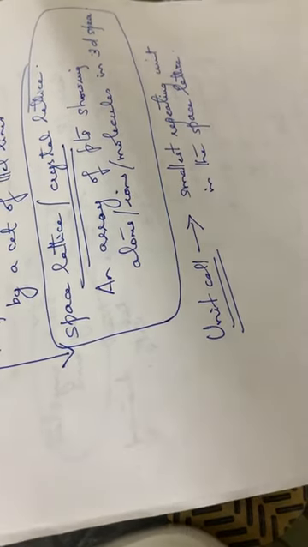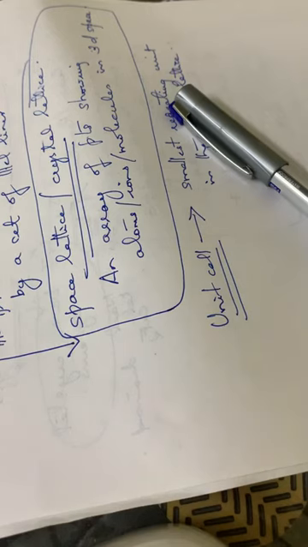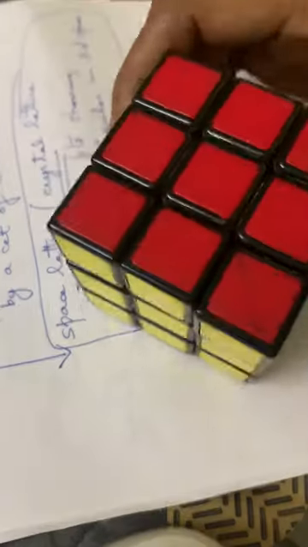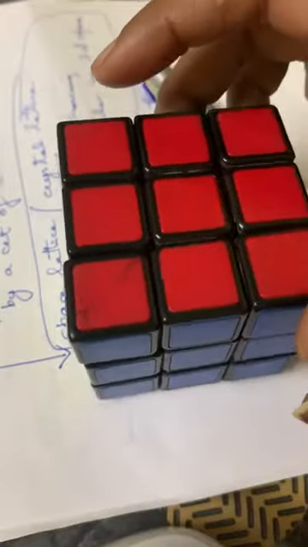Say for example, I will take the cube. See, this is a Rubik's Cube and see, this is a crystal lattice.